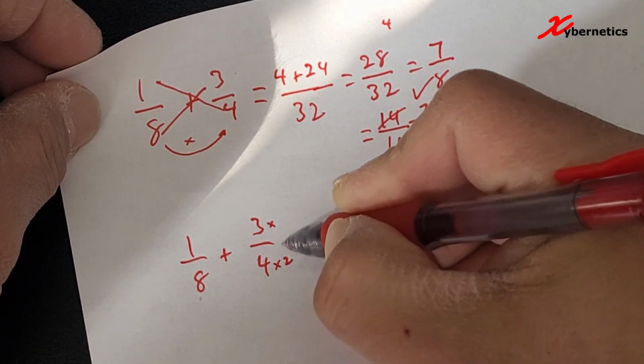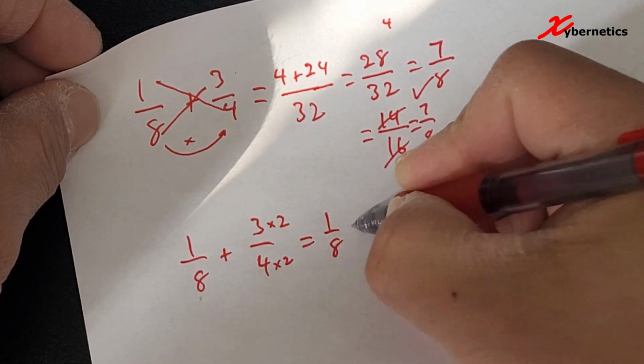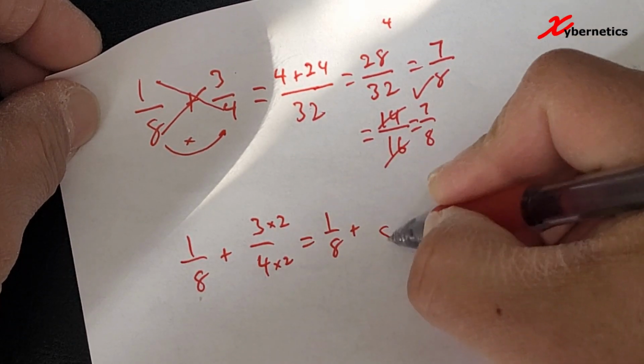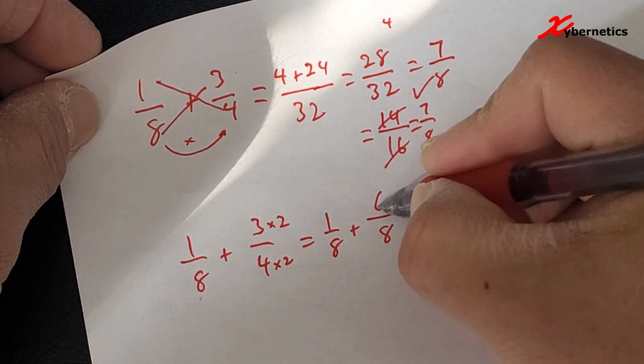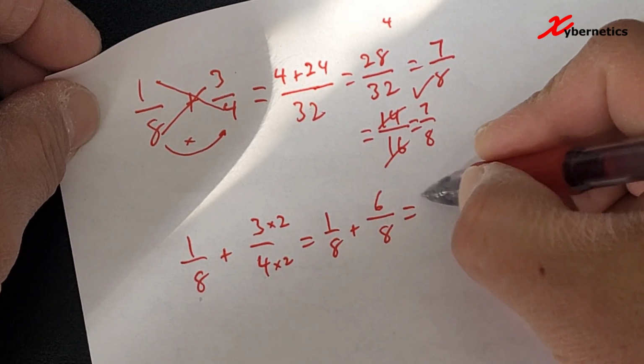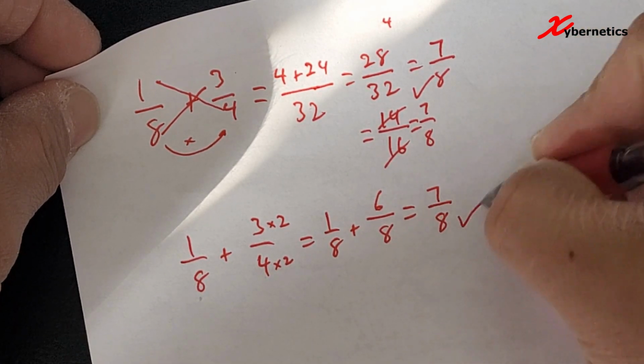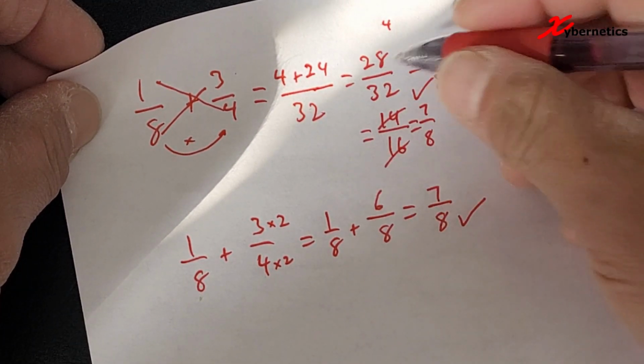And whatever you do with the denominator, you do the same thing with the numerator. If you rewrite this, 1 over 8 plus, now 4 times 2 becomes 8, and 3 times 2 is 6. Since the denominator is common, you can add the numerators together. 1 plus 6 is 7, over 8. As you can see, this is much cleaner than going in a roundabout fashion.